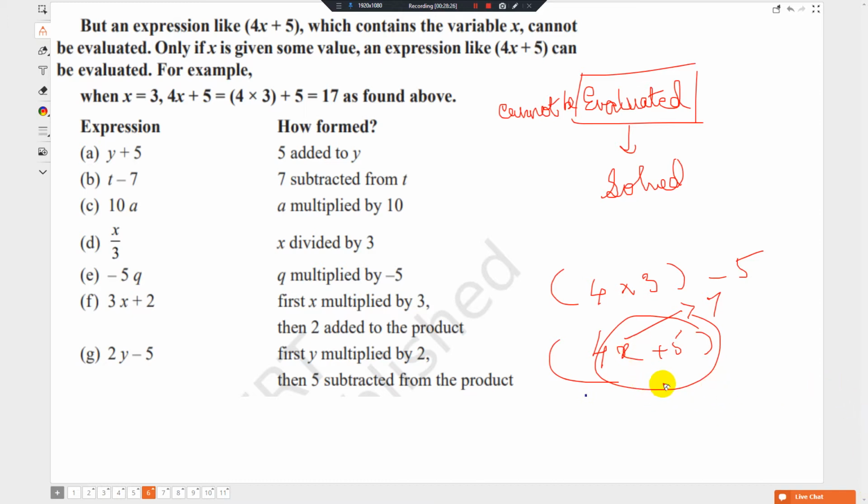So we got the value. If they didn't give the value of x, it's not possible to solve it. That is the meaning of evaluated.